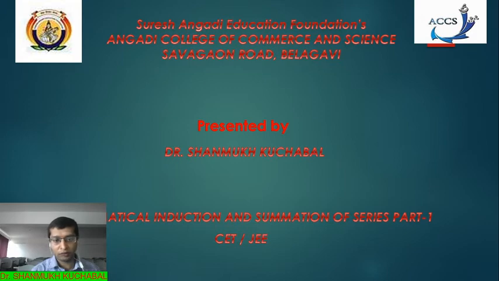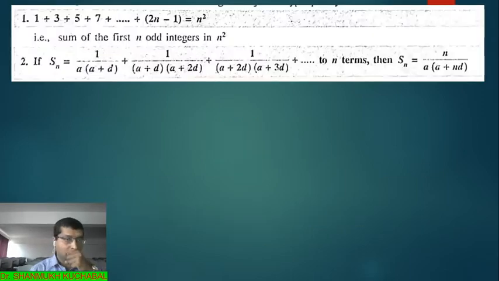Today we discuss one more new topic, that is mathematical induction and summation of a series, part 1. So basically we will begin with some important formulae, that is 1 plus 3 plus 5 plus 7 and so on to n minus 1.